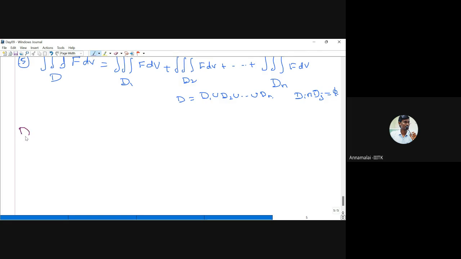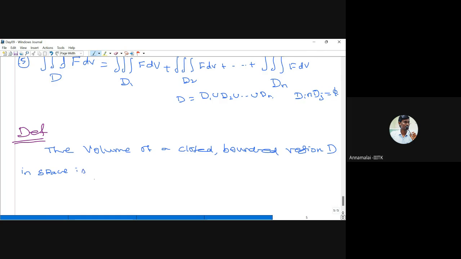So, the definition: the volume of a closed bounded region D in space, not in the plane, is defined to be V equal to the triple integral of dV over the domain D. Here we take the function f of x comma y comma z equal to 1. So that is the volume.